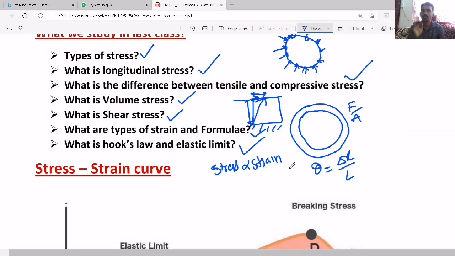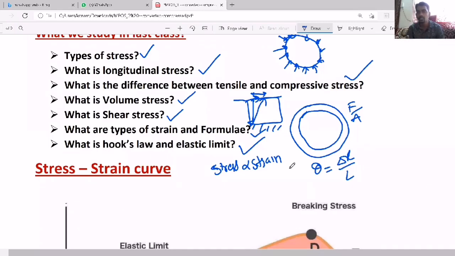So the graph between stress and strain must be a straight line passing through the origin, and the slope of the stress-strain graph, stress by strain, is equal to the modulus of elasticity. And that modulus of elasticity is again of three types: Young's modulus, bulk modulus, and rigidity modulus.